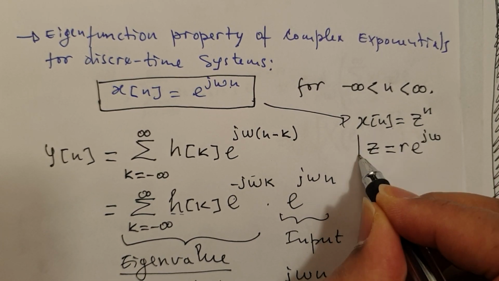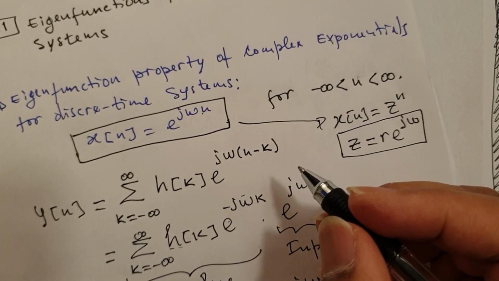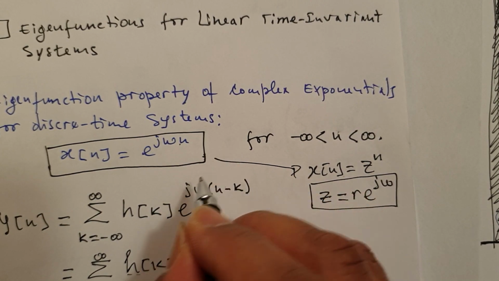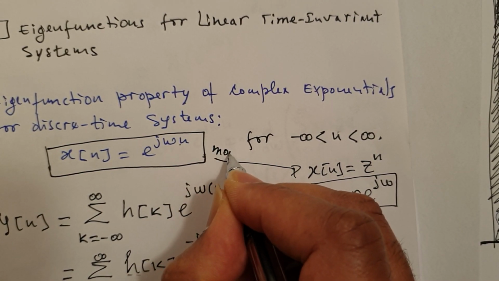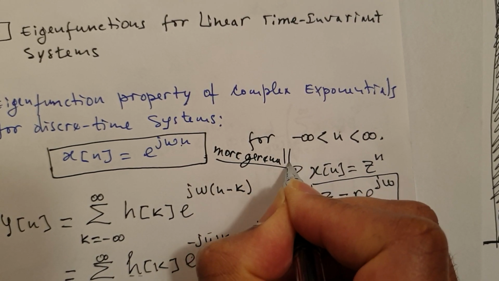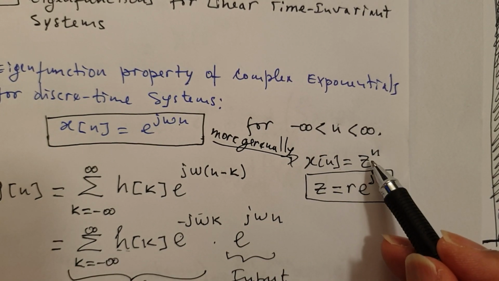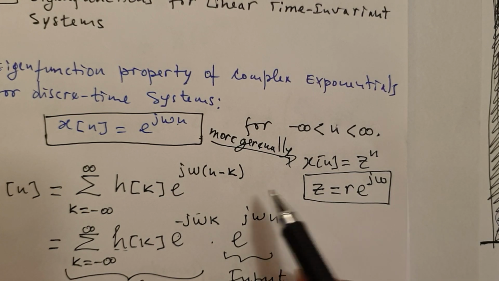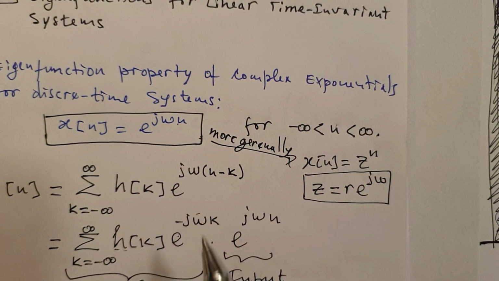So we could write more generally, we could have this case. This is also a complex exponential, and they are eigenfunctions for linear and time invariant systems.